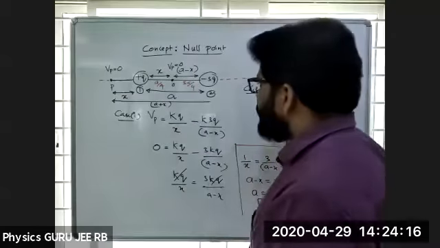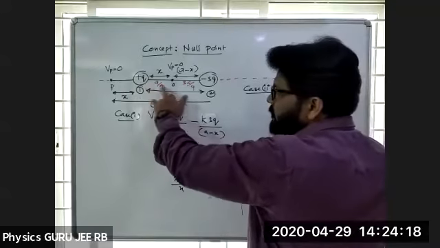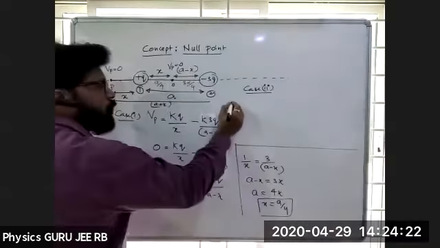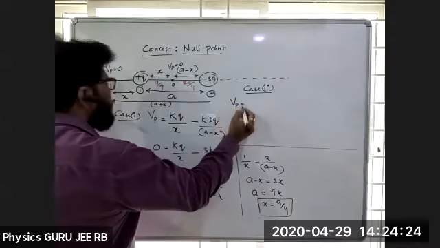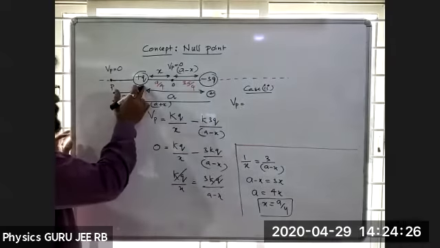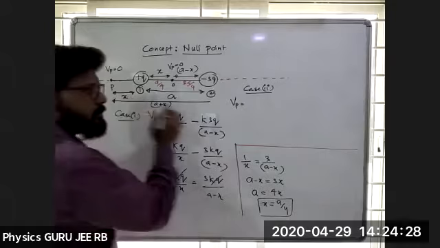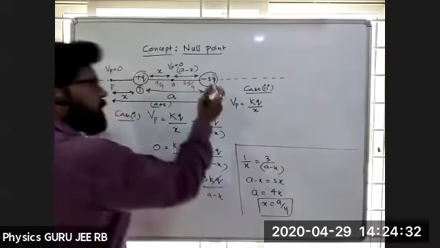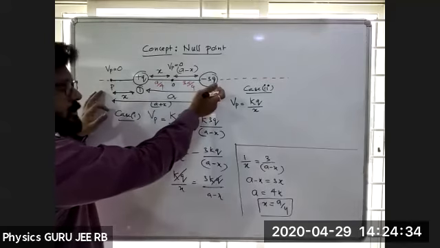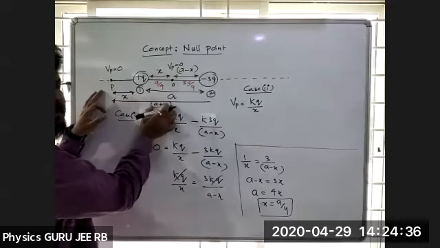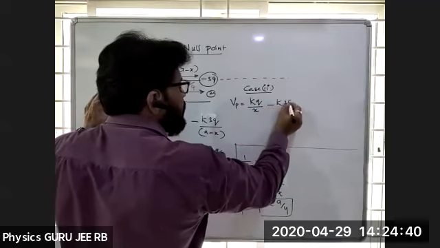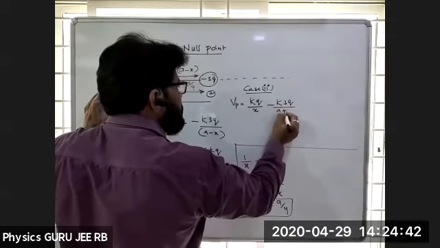Now I want the potential at this particular point, due to the two charges. It is equal to, due to the first charge at a distance of x, kq divided by x. Next, due to the second charge at a distance of a plus x, minus k3q divided by a plus x.